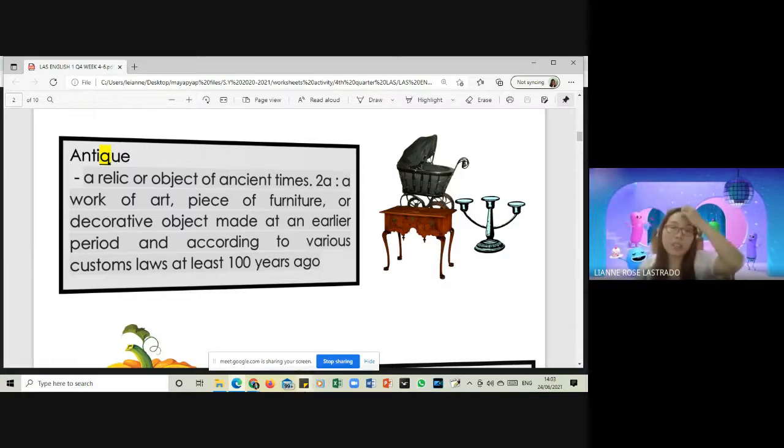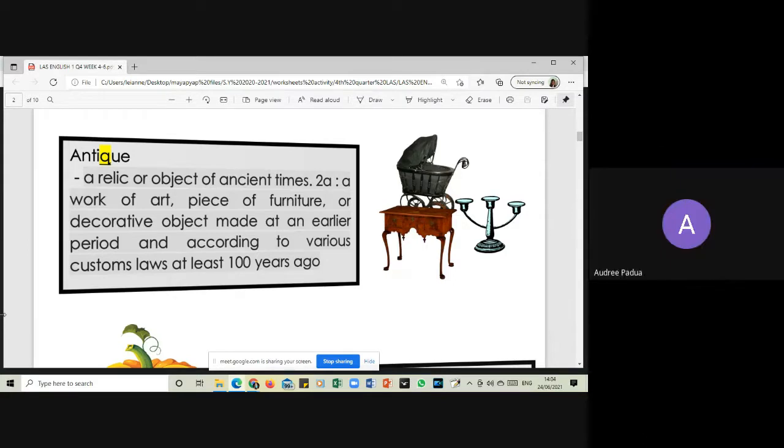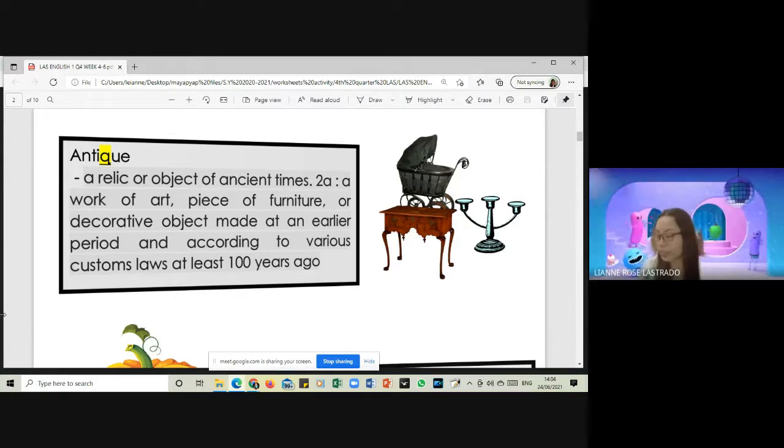They are called a relic or object or things of ancient times. When you say ancient times, these things were made hundreds of years ago, the time that we're not yet born. So this is a work of art, a piece of furniture, or a decorative object made at an earlier period and according to various customs laws at least 100 years old.